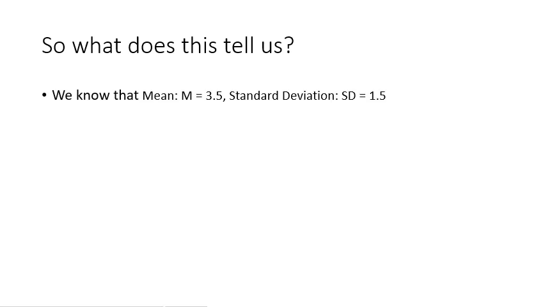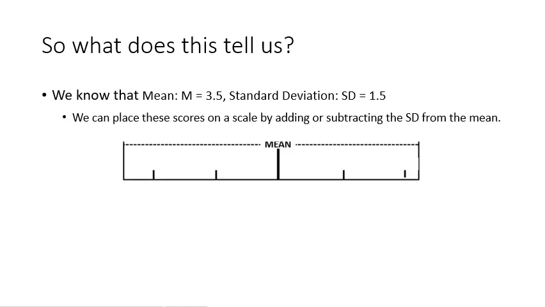So here again is the mean and standard deviation from the previous slide, and we can place these scores on a scale by adding or subtracting the standard deviation from the mean. So under this bar marked mean, let's write the 3.5. And now we know that each one of these standard deviations is worth 1.5.